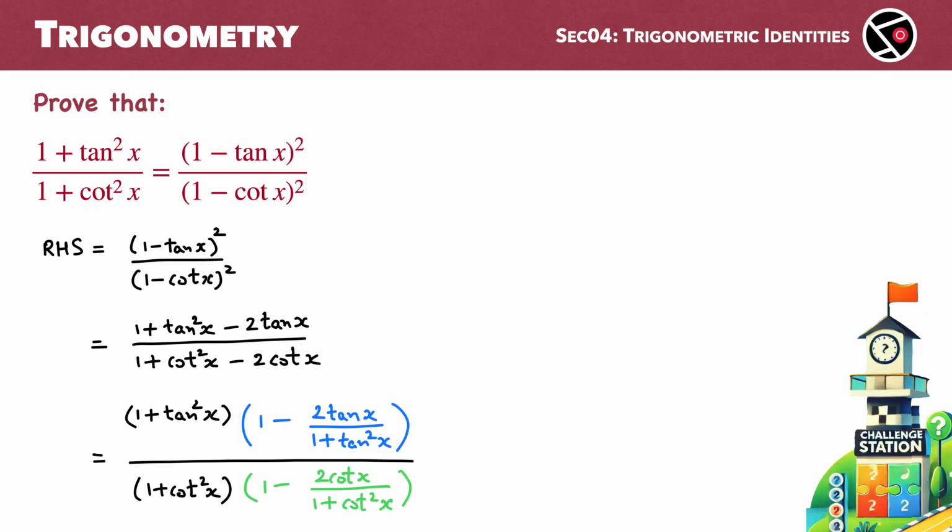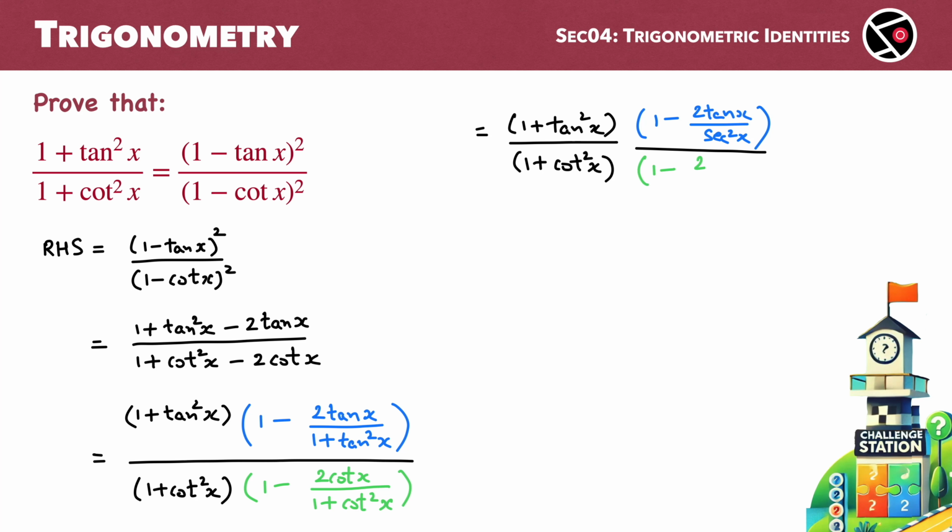We know 1 plus tan square x equals sec square x and 1 plus cot square x equals cosec square x. So now we have, solving further.